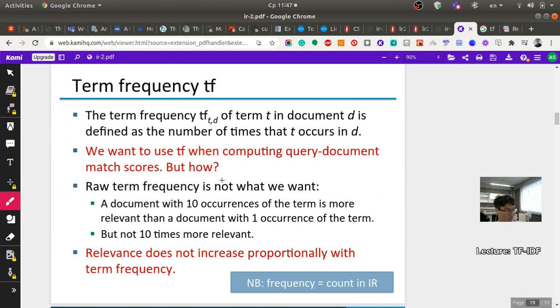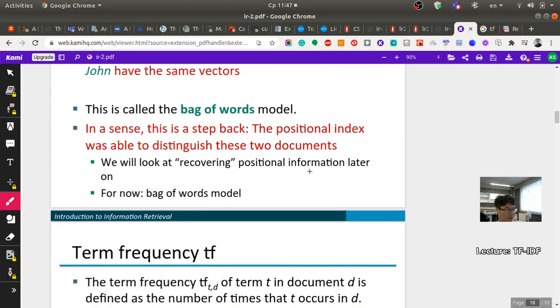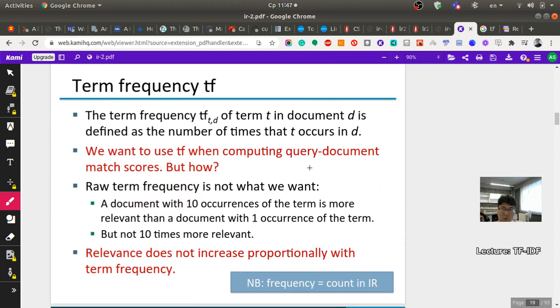Term frequency. Let's go further. The term frequency of term T in document D is defined as the number of times that T occurs in D. We want to use TF when computing query-document scores, but how? For example, in your document you have thousands of words.